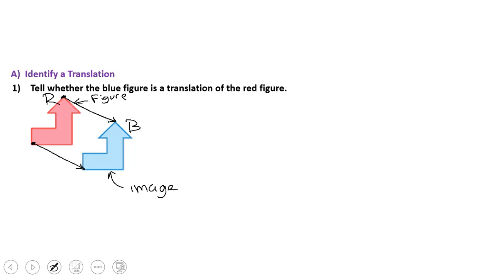Is that line going in the same direction? Well, yes it is. Did it go the same distance? Well, I'm going to say yes, it did, even though I didn't pull out a ruler and measure it to be exactly sure. But it certainly looks like it as we look at it. So, yes, this is a translation.